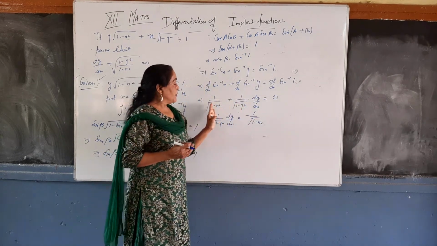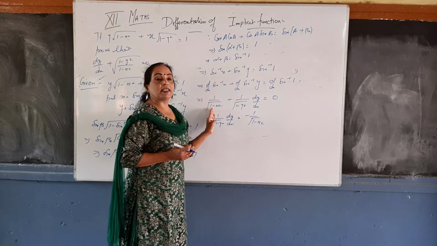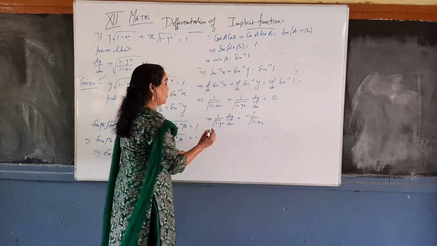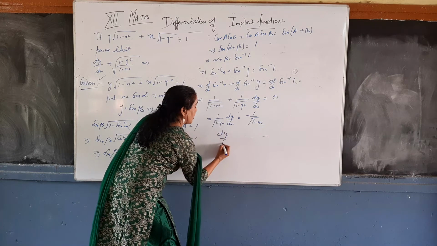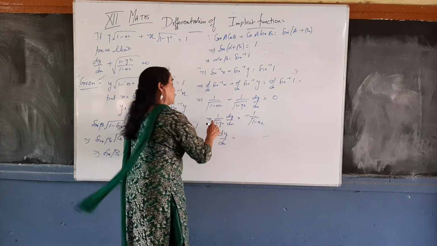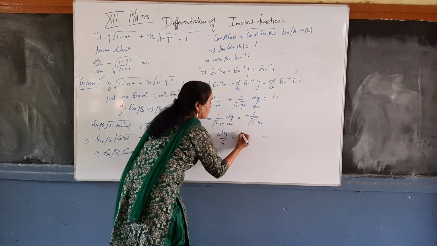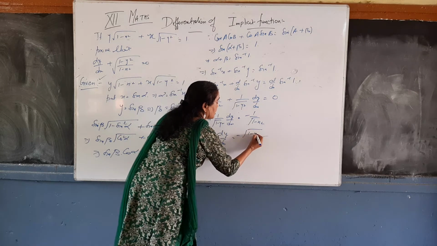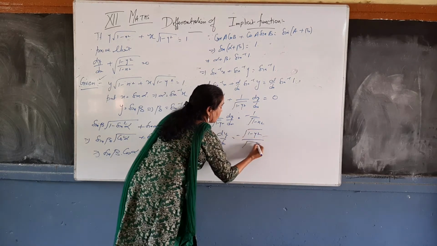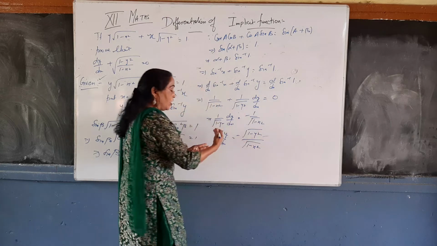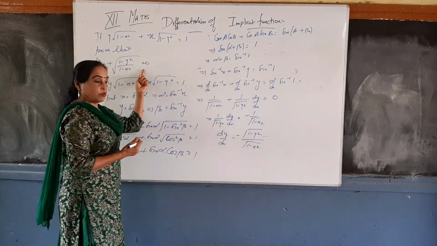Take this 1 upon under root 1 minus x square to the other side. Now our dy by dx will be minus under root 1 minus y square upon under root 1 minus x square. Now bring all the terms to this side because we have to prove it is equal to 0.